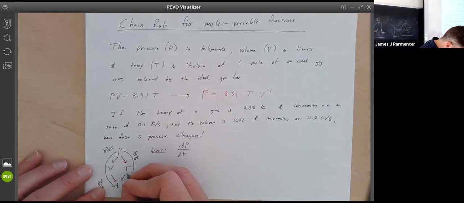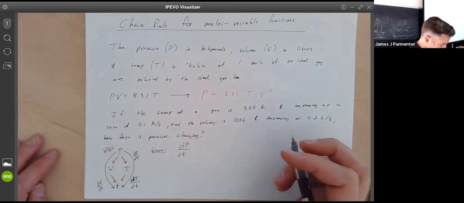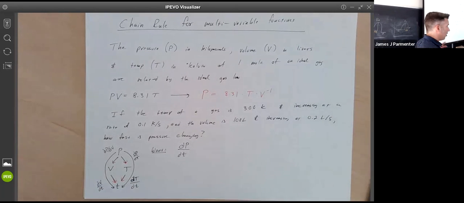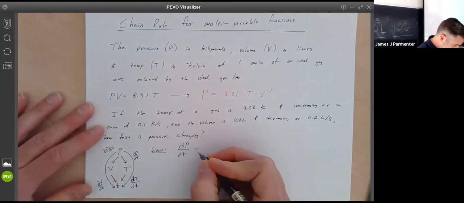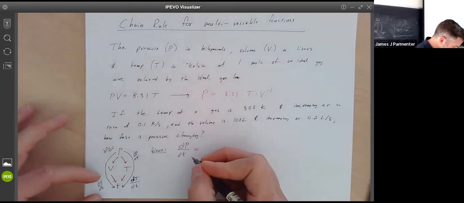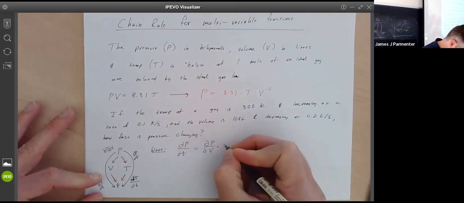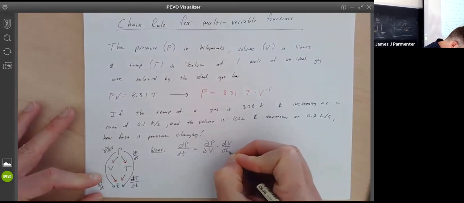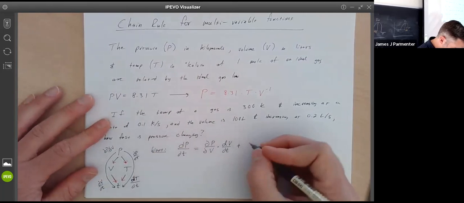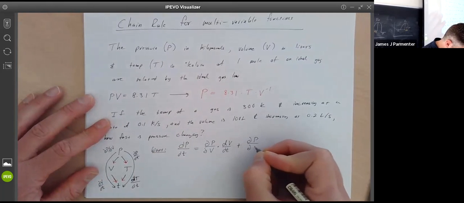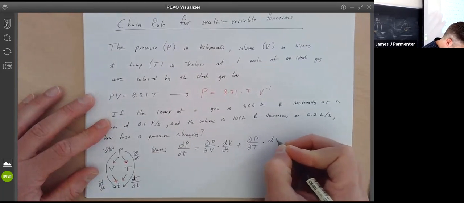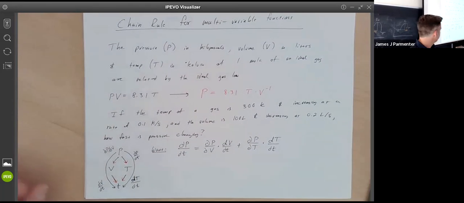And then from here to here, we're going to have d temperature d time. So basically, it's all the paths to get from pressure to time added together. The first path is del P del V times dV dt, plus the second path is del P del T times dT dt.